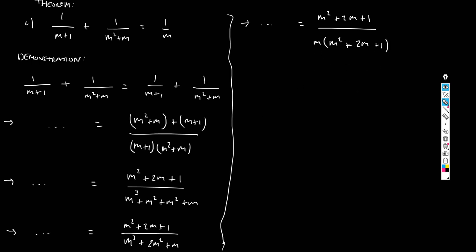Try to make sure this is equal to this, right? And then what I can observe is that once again I have common factors, equal factors up and below. If you notice, this factor is the same as this factor, and they can be cancelled.